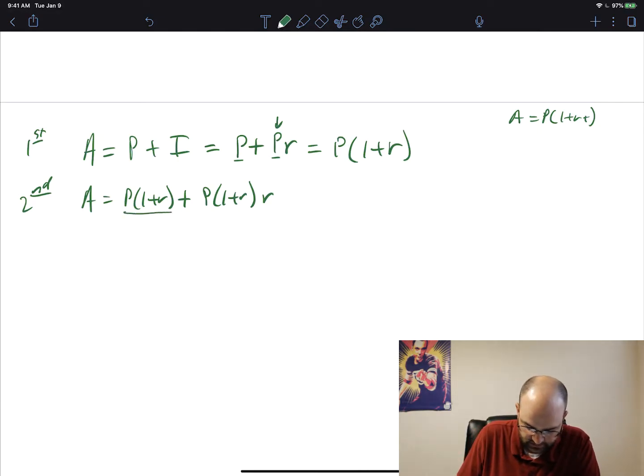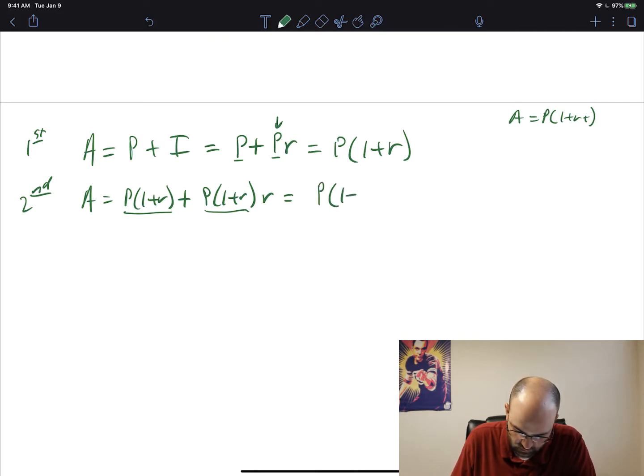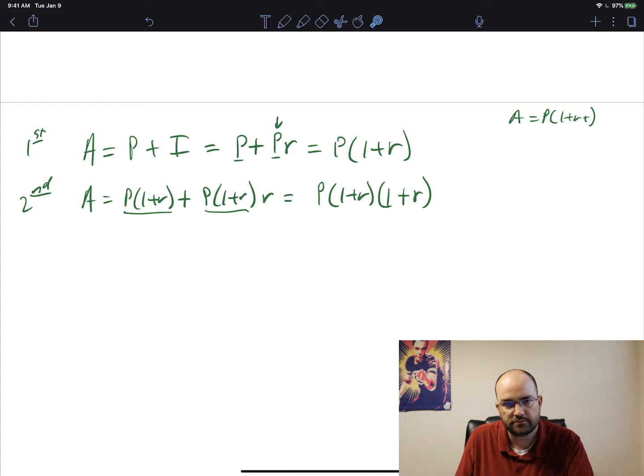But again, notice there's a P times 1 plus R in common with both of those, which is going to give me P times 1 plus R, and what's left over, in this first term there's nothing left over, so we're going to put a 1 plus, and then what's left over here is an R. But notice that we have 1 plus R times 1 plus R, that's 1 plus R squared. So it would give us P times 1 plus R squared.